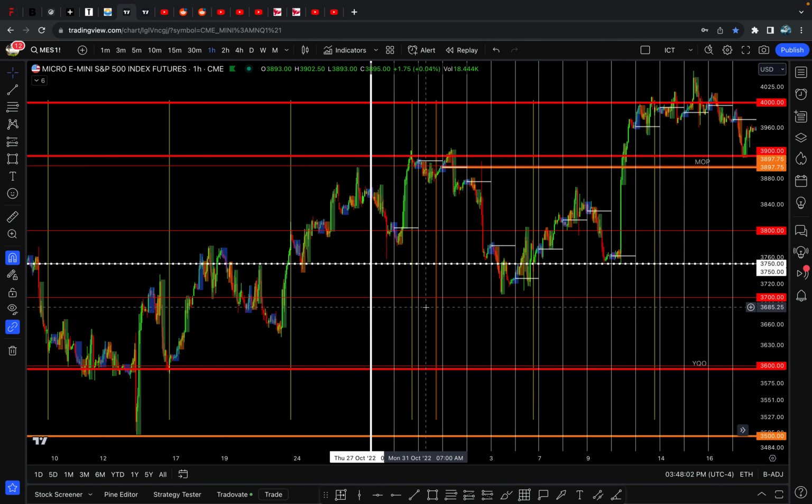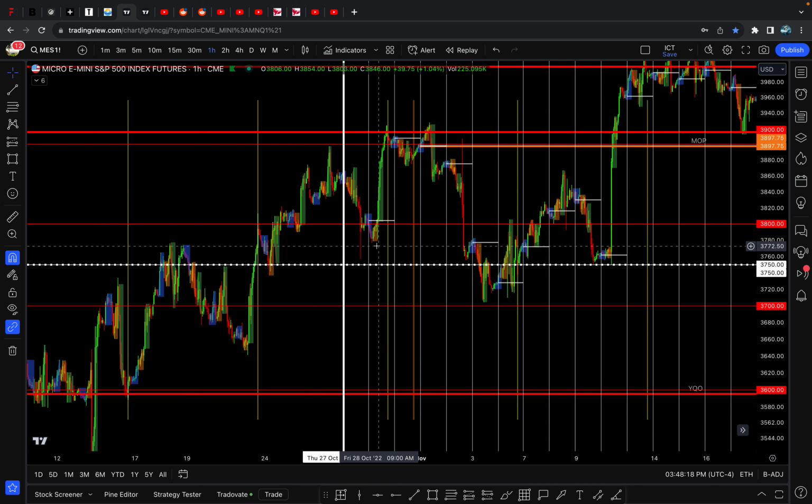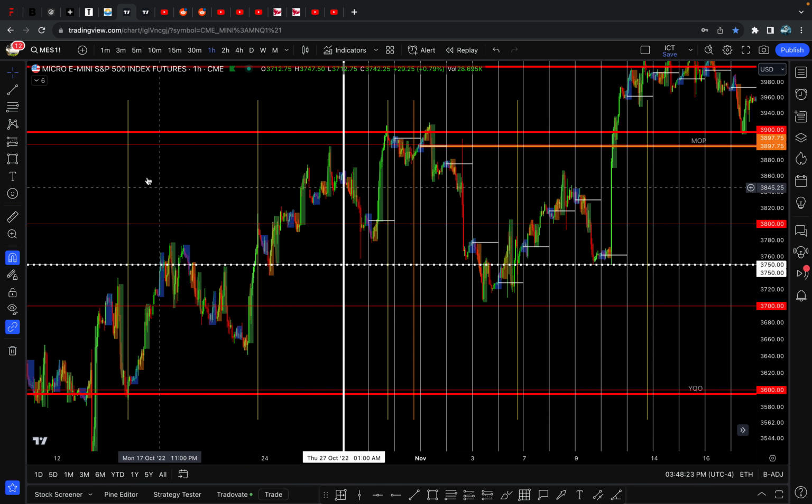There's a lot of stuff to this. I mean, it really is. So you want to be on the lookout for if price starts to retrace, right? It's pretty bad that it broke that low. That's a pretty bad sign. But look what happens.